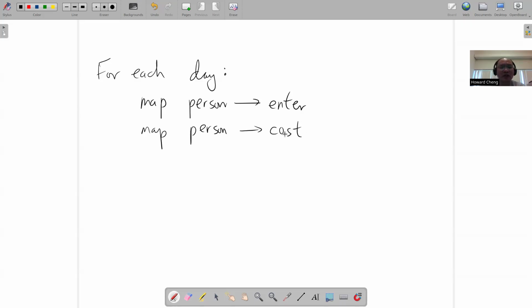Every day we can reset this because every day is treated separately. We don't have to give a running total of the days. So we'll just treat each day separately.